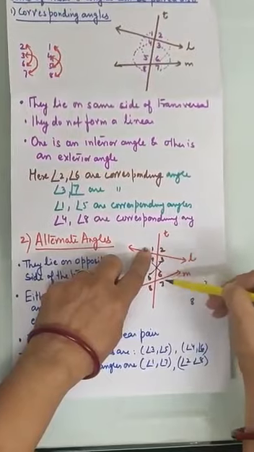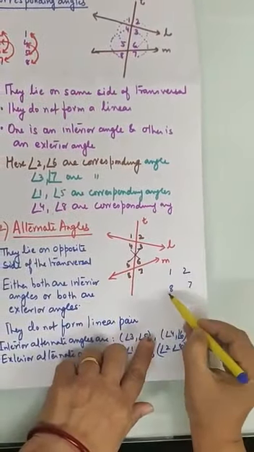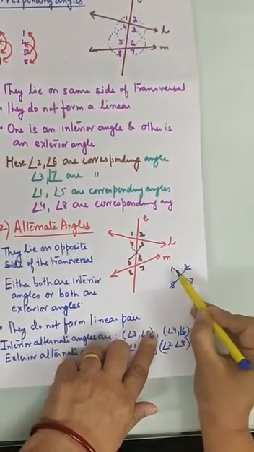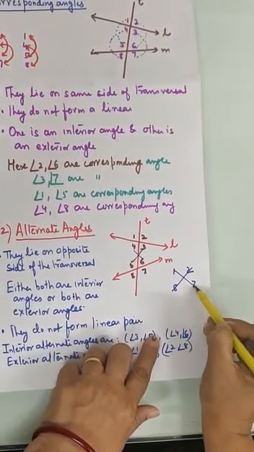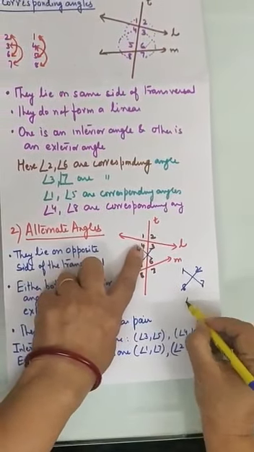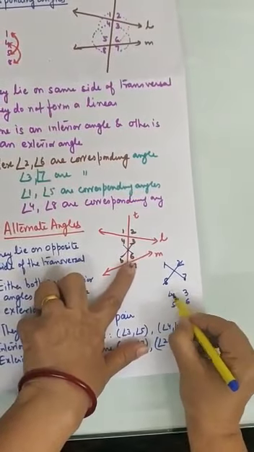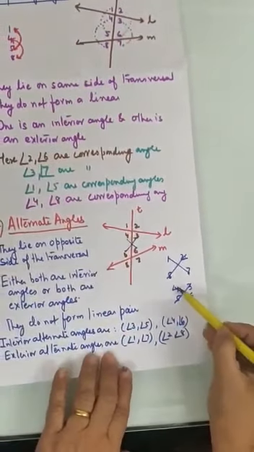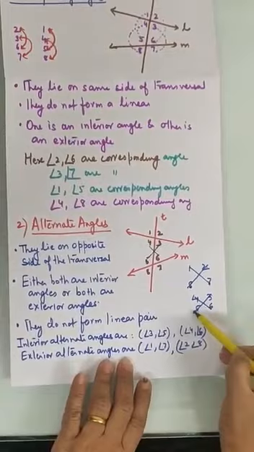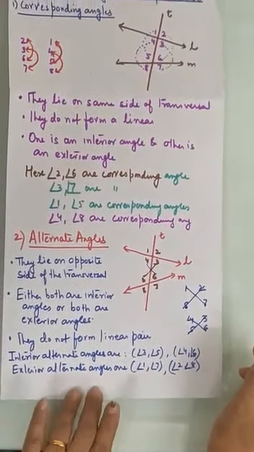When you write 1 2 7 8 sequence में लिख लो 1 2 7 8 1 2 7 8, इसको क्रॉस कर दो तो 1 and 7 are alternate, 2 and 8 are alternate. Similarly इसको भी ऐसे लिख लो 4 3 6 और 5, इन्हें क्रॉस कर दो and write 4 and 6 are alternate, 3 and 5 are alternate. Is this clear? So this is about alternate angles.